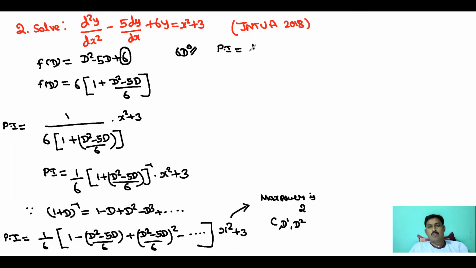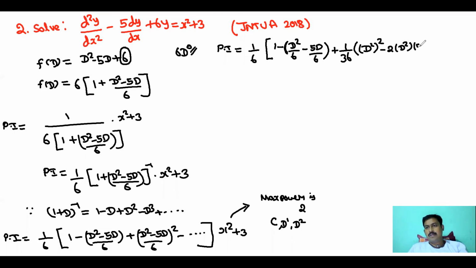PI equals 1 by 6 into, here I can write 1 minus, I can write this term as D square by 6 minus 5D by 6. Then the square term is 1 by 36 into (D square minus 5D) the whole square, which is a square minus 2ab plus b square, minus etc., into x square plus 3.